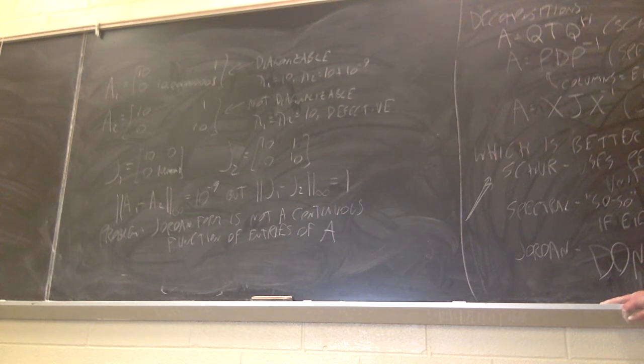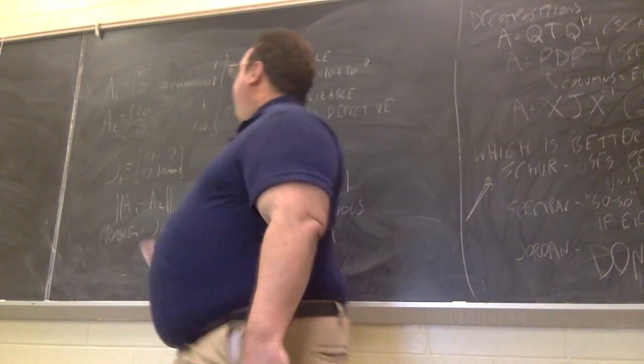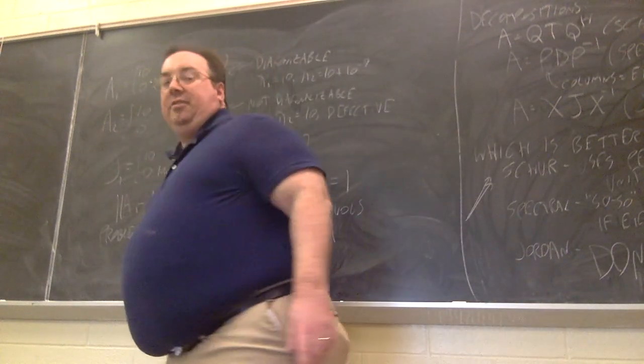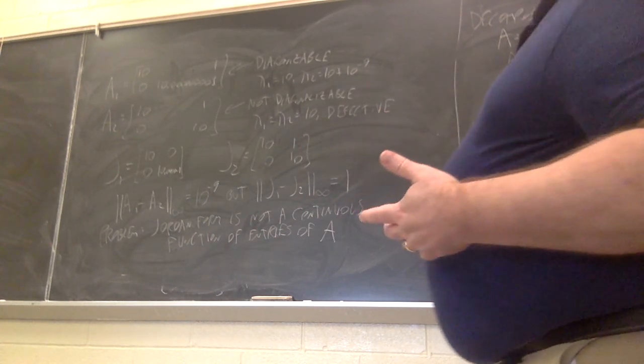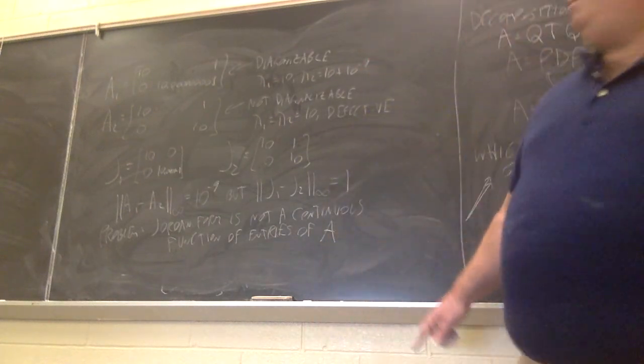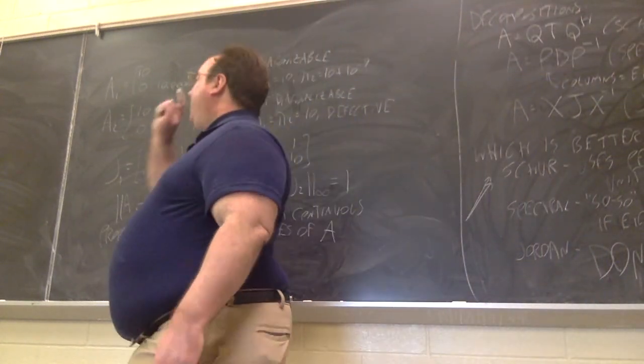There's just no way. In other words, if you have eigenvalues that are so close together, how do you know if they're meant to be two distinct eigenvalues that just happen to be really close together, or if they are a repeated eigenvalue, and whatever gap you have between them, like a 10 to the minus 9 gap here, is just round-off error?